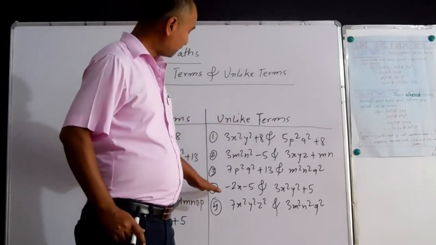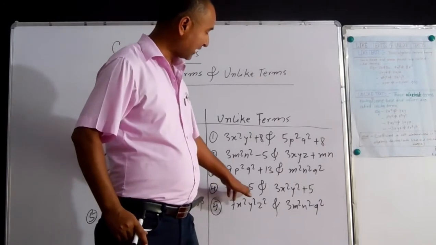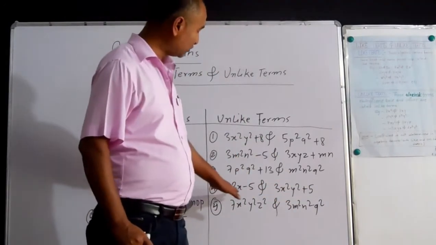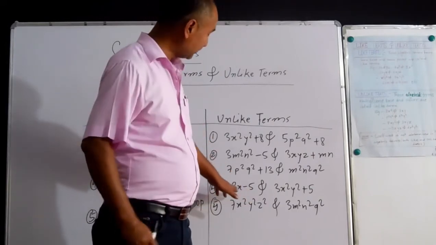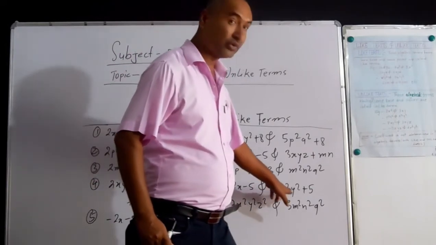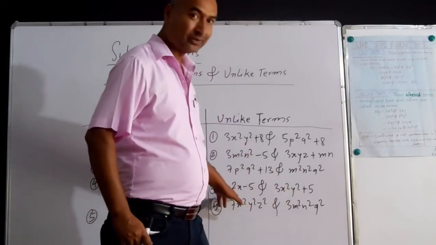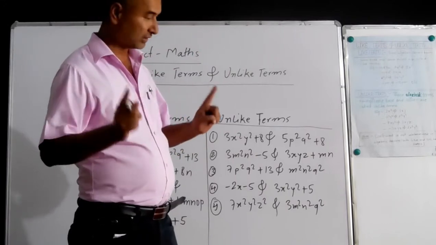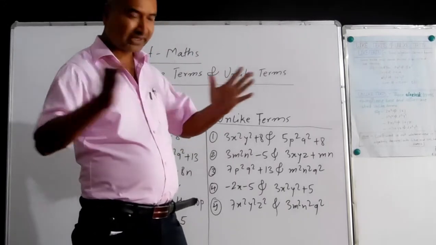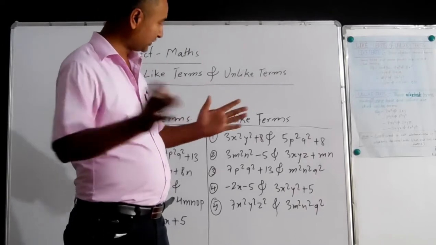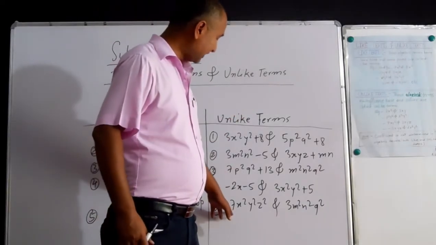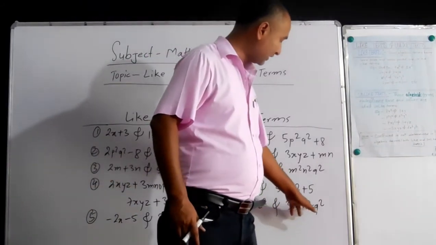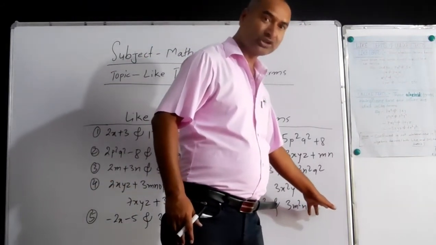Don't be confused. Fourth one, minus 2x minus 5 and 3x square y square plus 5. Here no terms are similar to each other. Here the power is 1, here the power is 2. Here there is no variable y, but here there is variable y, so they are different from each other. That means we cannot combine both the expressions. Last one, 7x square y square plus z square, and 3m square n square and q square.